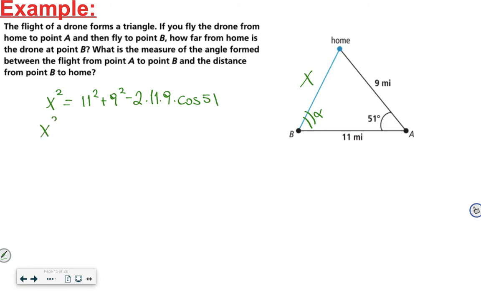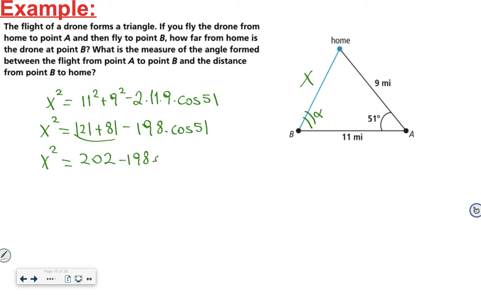If you simplify that, you will get 11 squared is 121 plus 81 minus 2 times 11 times 9, 22 times 9 will be 198 times cosine 51. If you add them up, you will get x squared is equal to 121 plus 81 will be equal to 202 minus 198 times cosine 51. To be able to get the result, please use your graphing calculator.